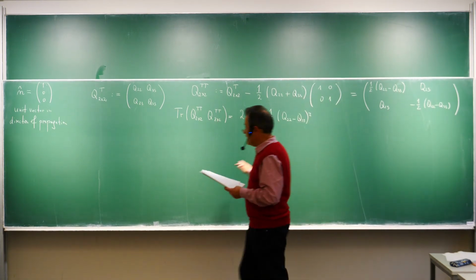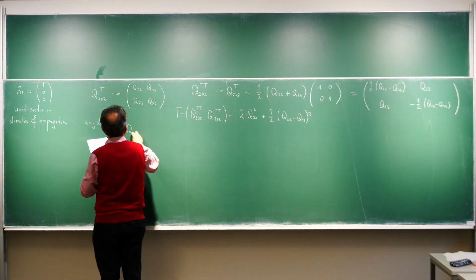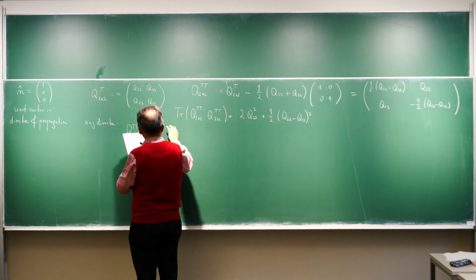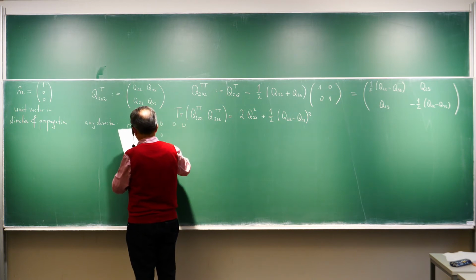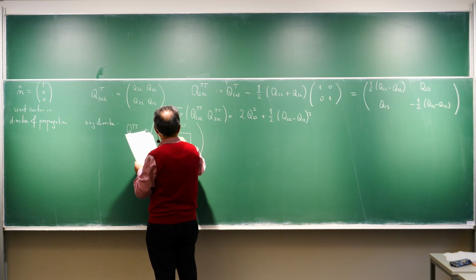So if I have any direction, I define a Q_TT as follows. It's a 3 times 3 matrix, and I have here this Q22 transverse traceless.